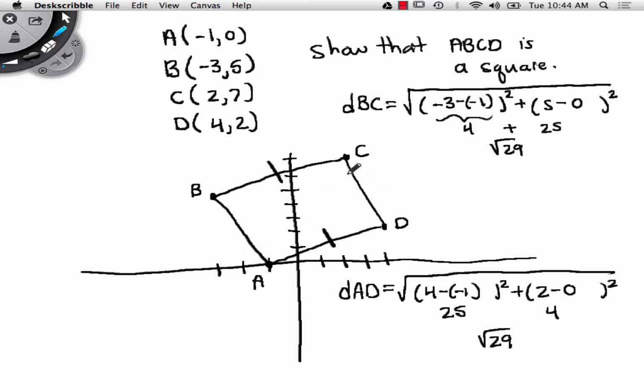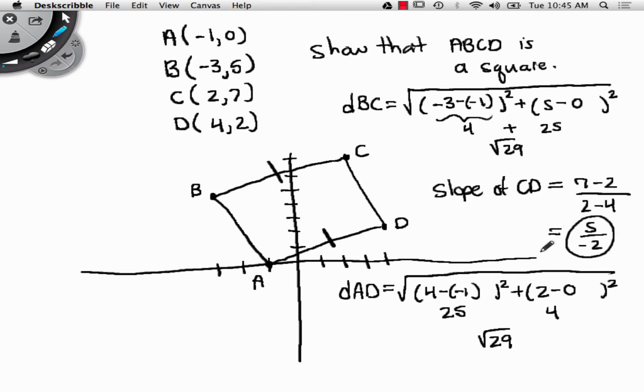Now let's just show that CD is perpendicular to AD, so I need to find the slope of CD. So I find the rise and the run. So here's C, 7 minus 2 over 2 minus 4. And what does that give me on the top? 5 over negative 2, there's the slope.